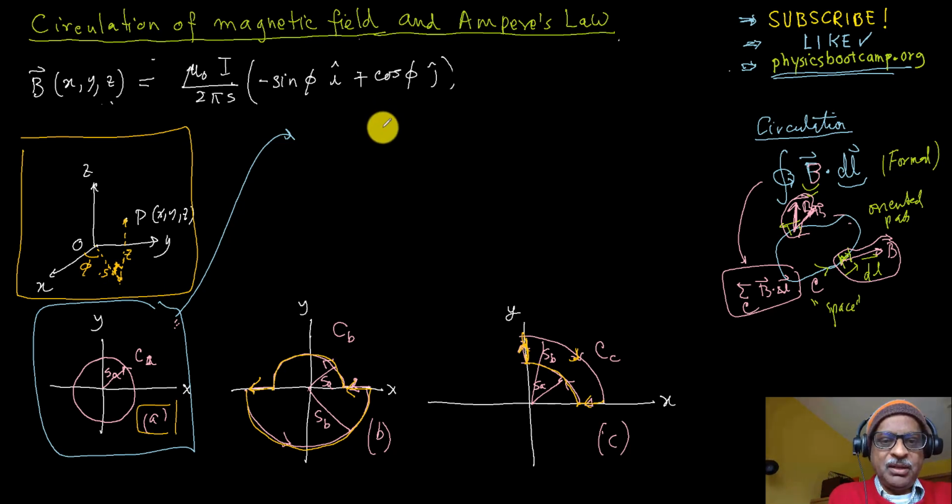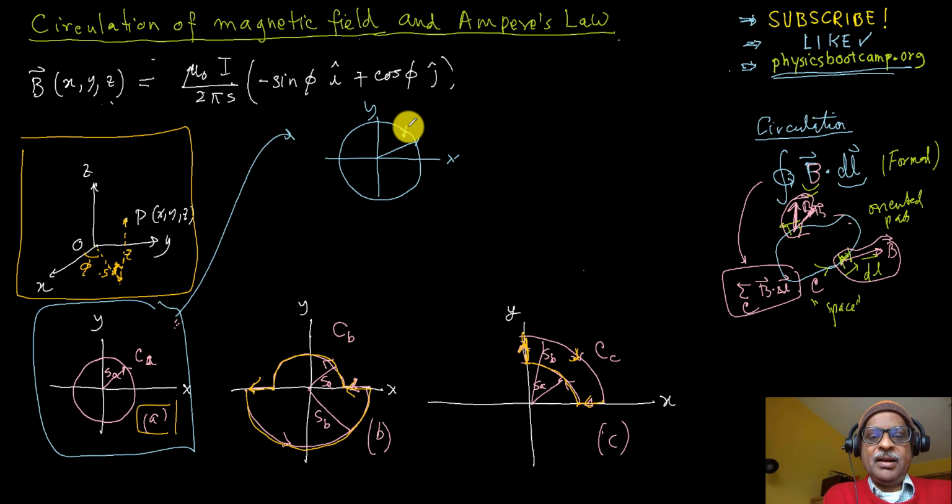All right, so let's work out this example. We've got x and y, and this is the path we have to go over. I'm going to pick a dl at some angle phi, and this distance is s_A.